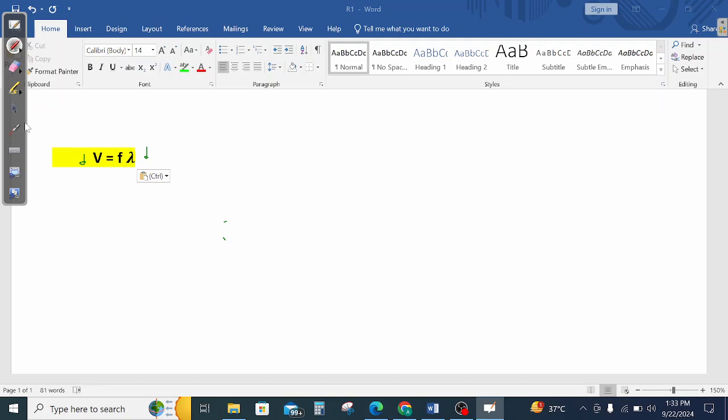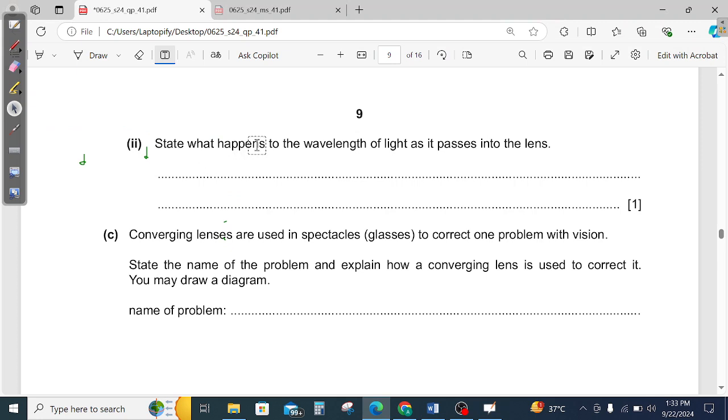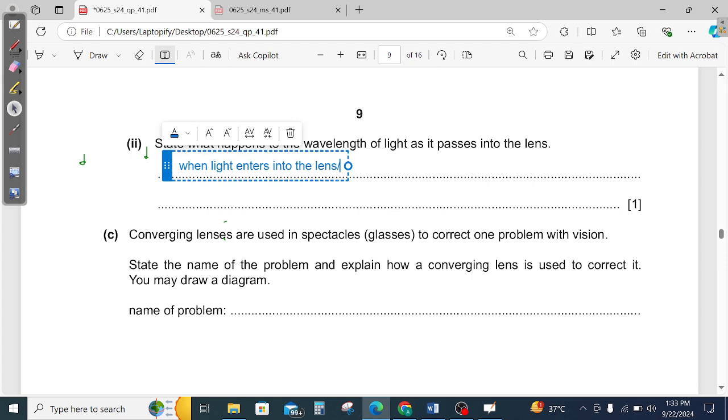Okay, so you will write here, what happens to the wavelength when light enters into the lens or glass, because the lens is made up of glass.